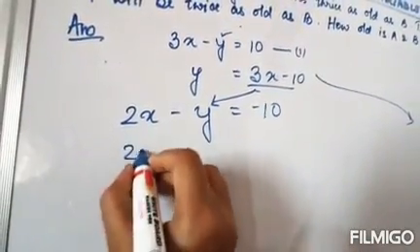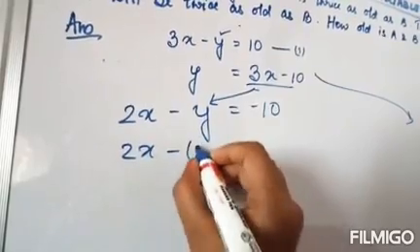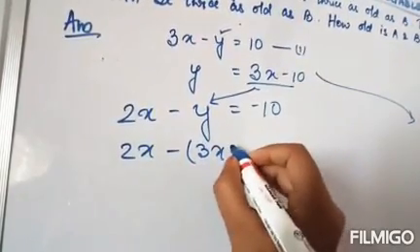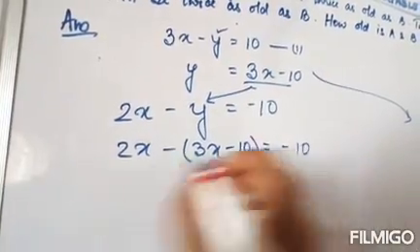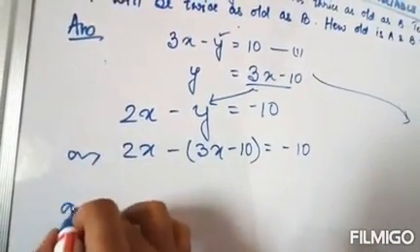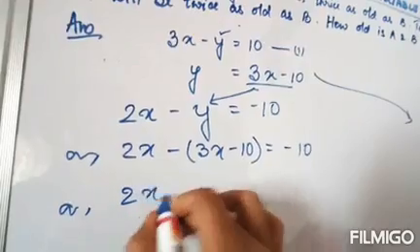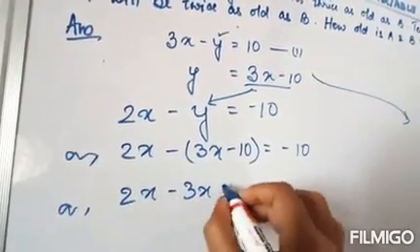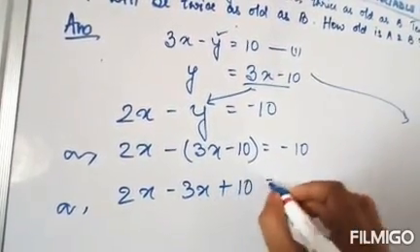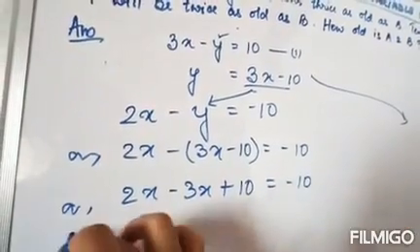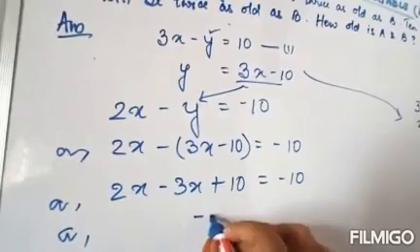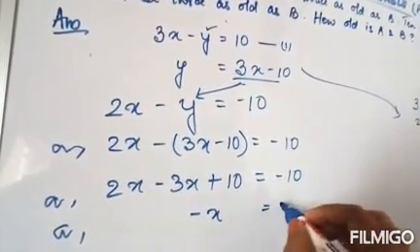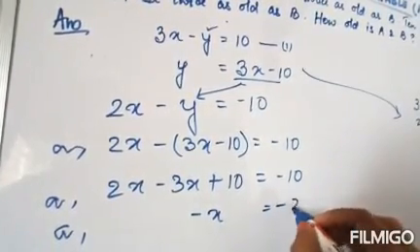So 2x minus 3 into (x minus 10) is equal to minus 10, or 2x minus 3x plus 10 is equal to minus 10, or minus x is equal to minus 20.